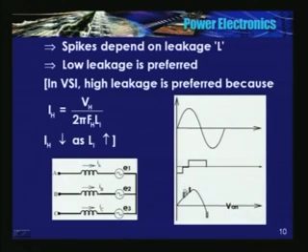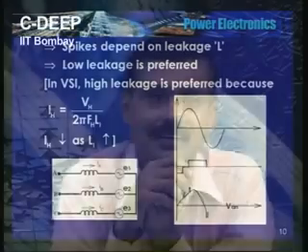So how do I reduce this spike? One is to have a gradual transfer. Of course, if it is slow, it affects your power transfer. So another way to decrease the magnitude of the voltage spike is to have a low leakage.